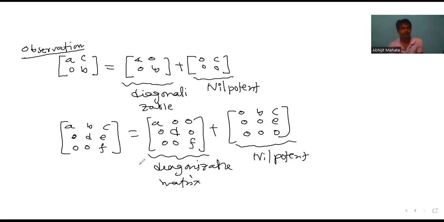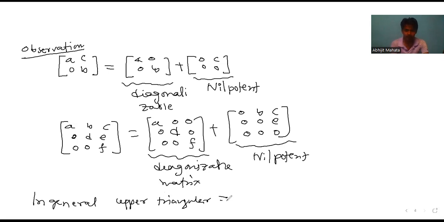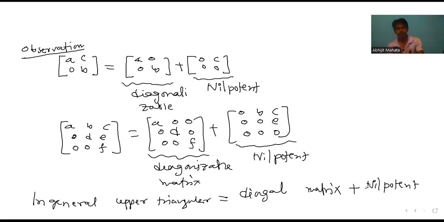So this observation tells us that any n by n upper triangular matrix we can write as the sum of a diagonal matrix plus a nilpotent matrix.